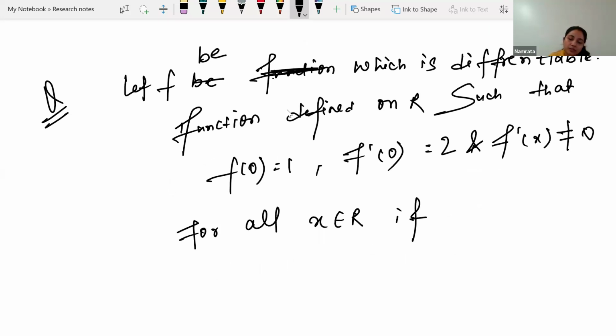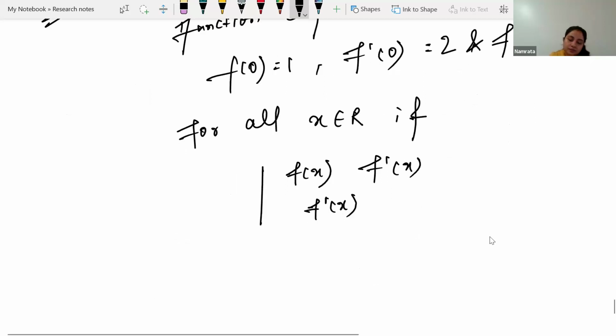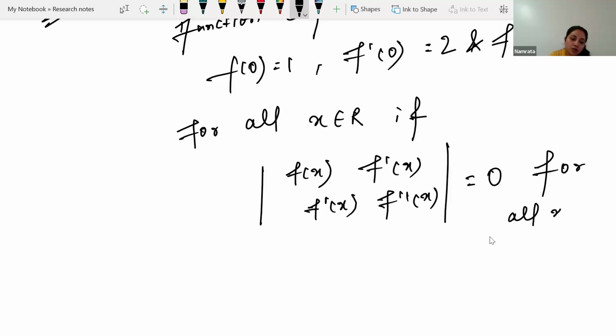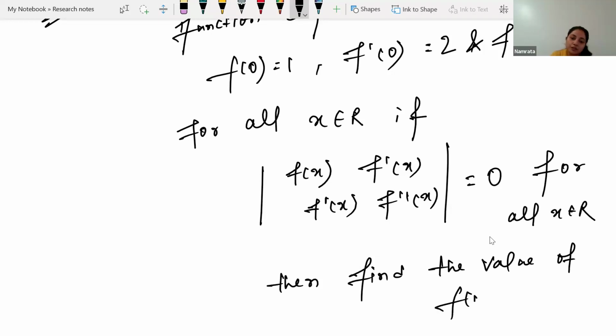If the determinant of fx, f dash x, f dash x, f double dash x is equal to 0 for all x belongs to R, then we have to find the value of f of 1, which lies in the interval given over here.